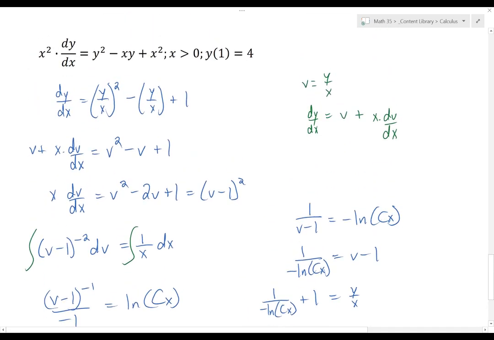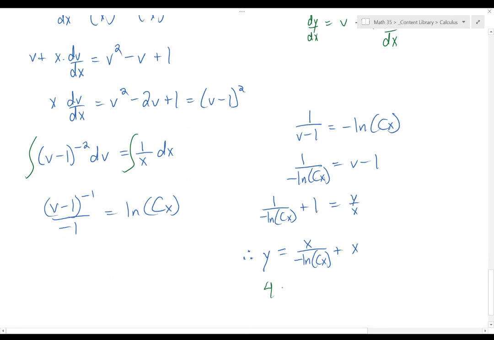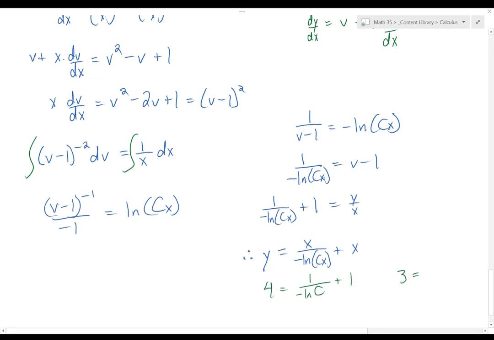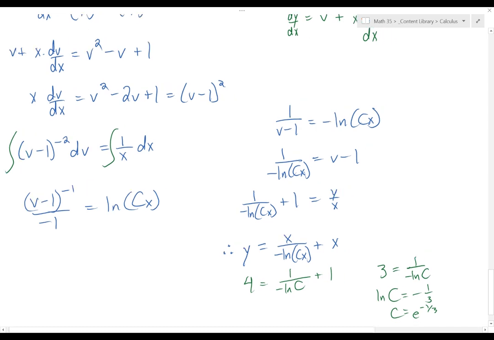So y is 4, x is 1. So just very quickly, 3 equals 1 over negative ln of c. So ln of c equals negative 1/3. So c equals e to the power of negative 1/3.